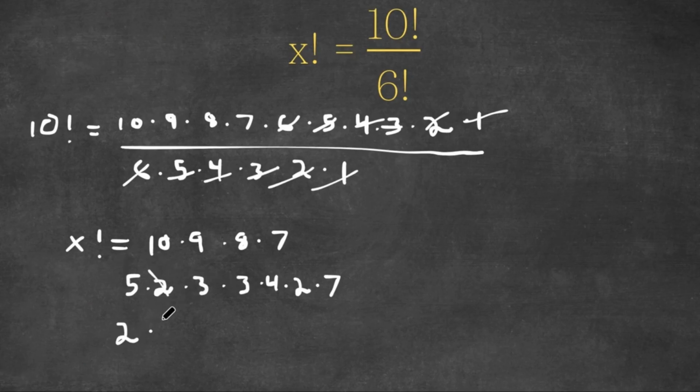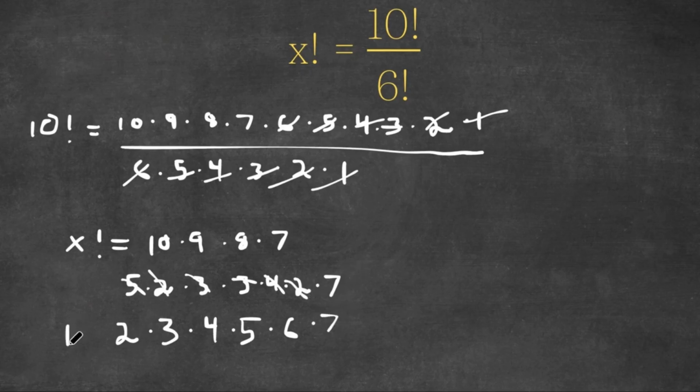Now we have a 3, so write 3. Now we have a 4. We have a 5. Now we don't actually have a 6. However, 3 times 2 is 6, so then these two cancel out. And finally, we have a 7.